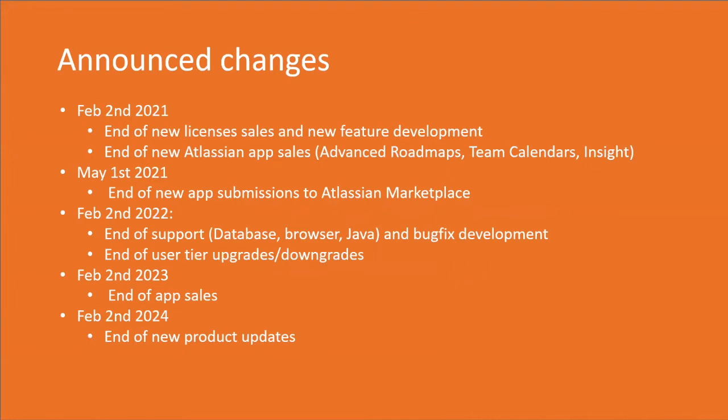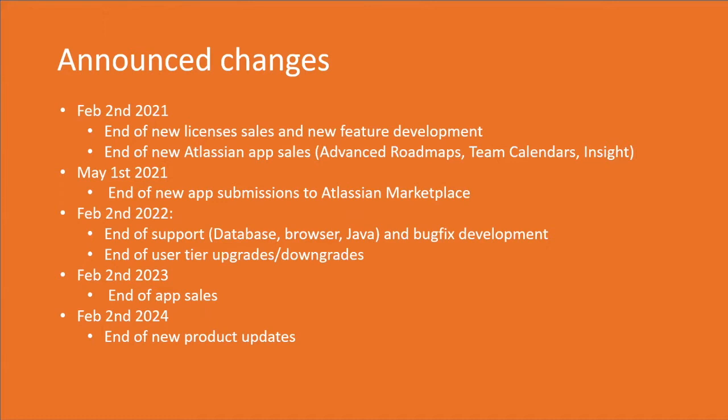So what exactly has happened in these past 2 weeks? What's the announcement? As you probably all know, Atlassian will stop selling new licenses and cease new feature development on February 2nd, 2021, for all products except Fisheye, Crucible, and Bamboo. Why those three?